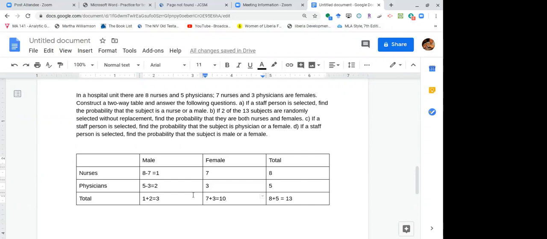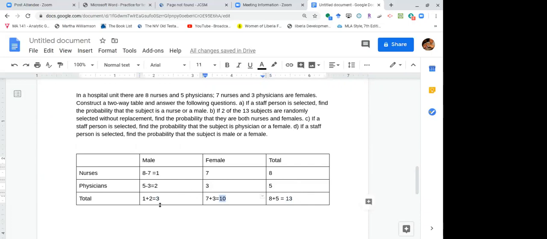Now the other thing you should cross-check is to make sure that both of your totals going both ways match. So 8 plus 5 is 13 right here. And then 3 plus 10 should give you 13.